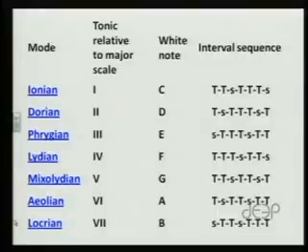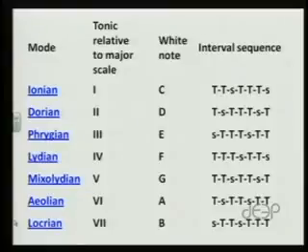The Dorian mode is when we use all the white keys from D to D. And the tonic of the Dorian mode essentially is the second step of the major scale. So think of the pattern if you were to start on D and end on D using all white keys.